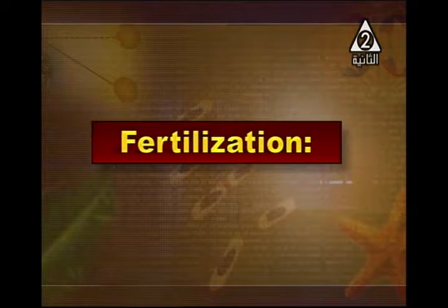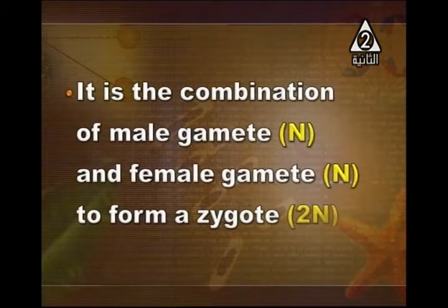The second process is fertilization. Fertilization means the combination between the male gamete, which contains half the number of chromosomes, N, and the female gamete that contains half the number of chromosomes, N, to form a zygote which contains a double set of chromosomes, 2n.